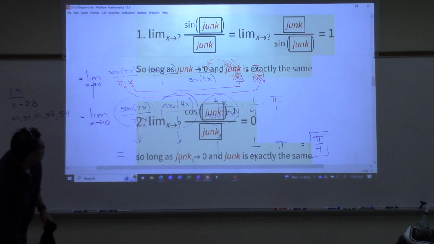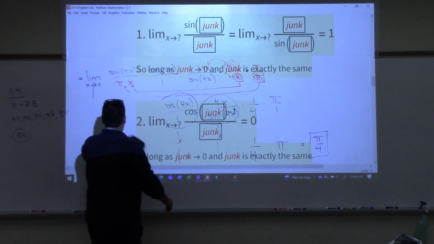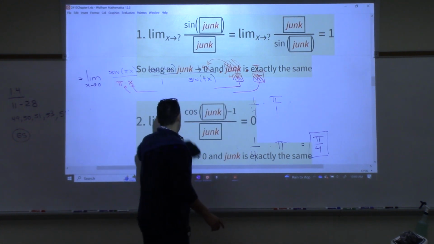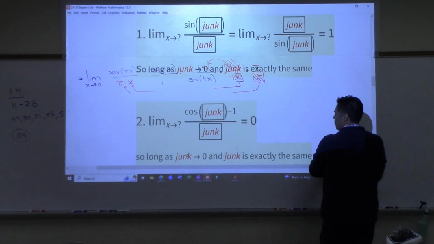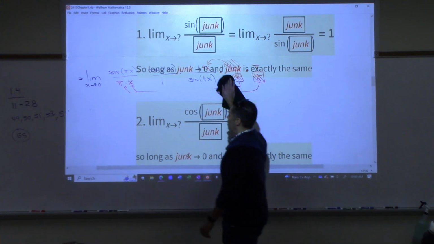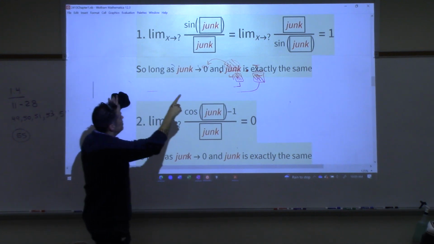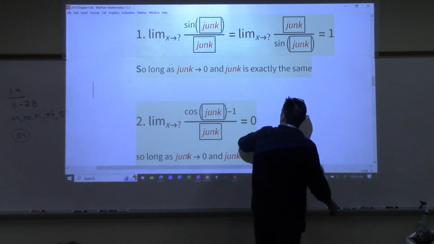Now there's another formula, formula number 2, that has to do with cosine. It's not used as much, so I'm not going to stress it to you, but I want to at least show it to you. Right, so we have this formula up there about sine junk over junk. The similar formula for cosine looks like this.